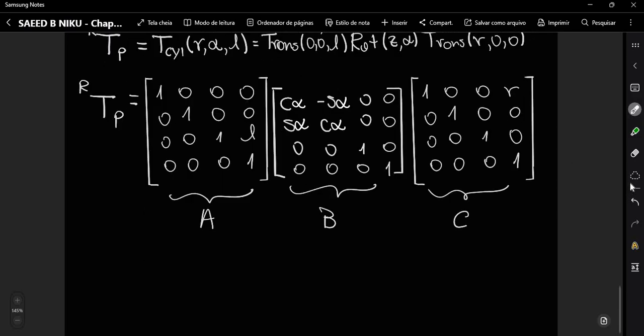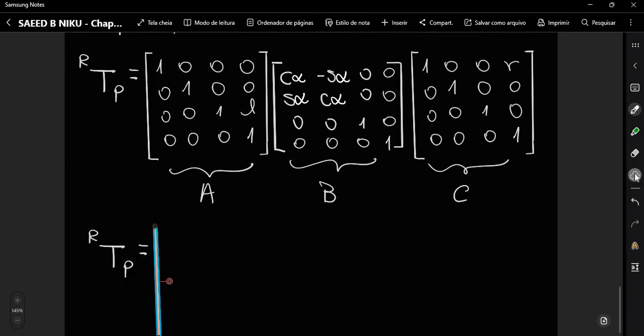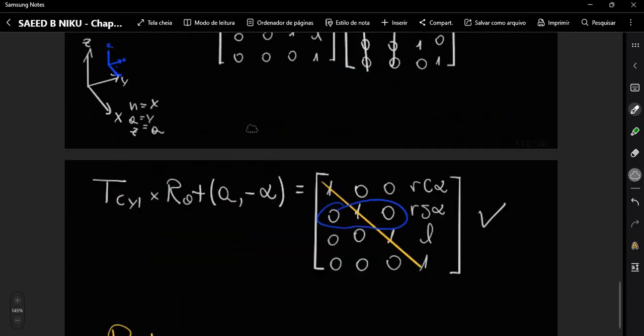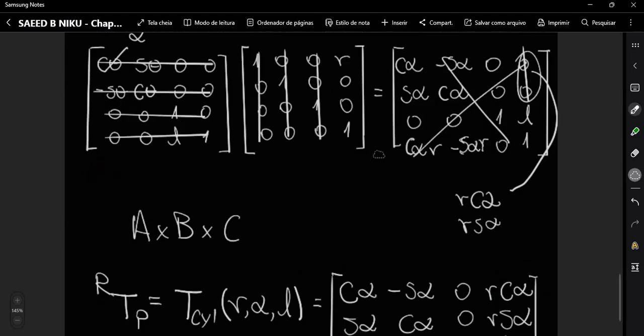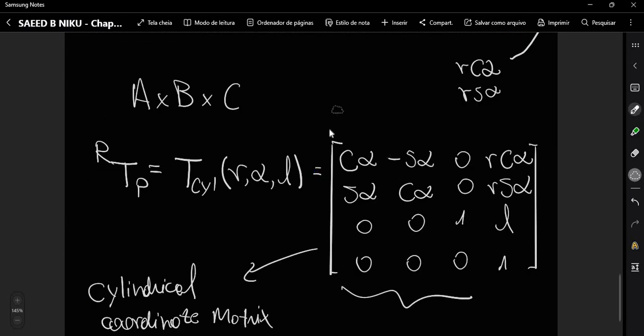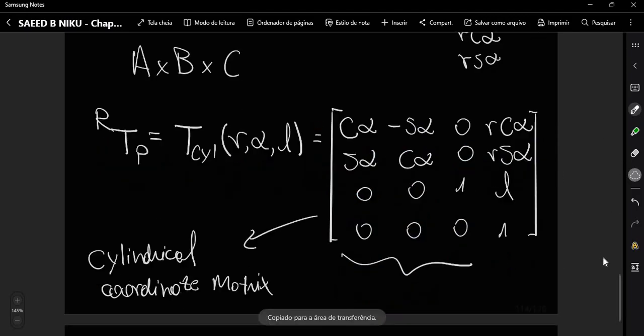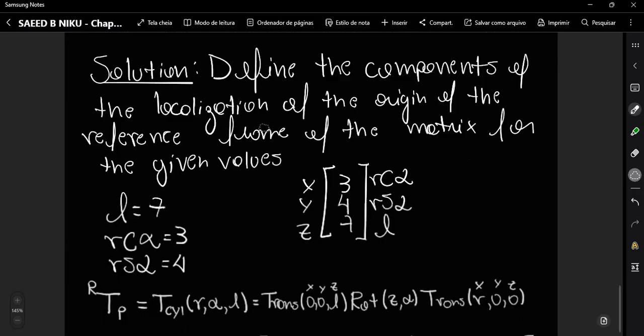And let's keep going. We have the result of this operation. The result of this operation is this one, this matrix. So let me copy.